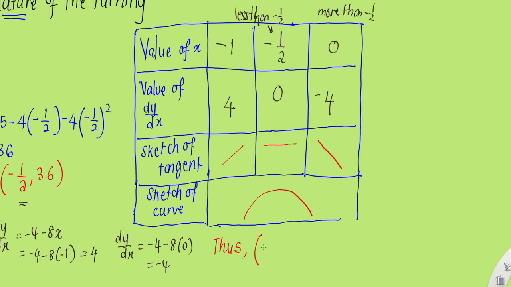Therefore, negative 1 over 2 and 36 is a maximum point. This is how you actually show the nature of the turning point. Now let's look at another one, which will have a minimum point.